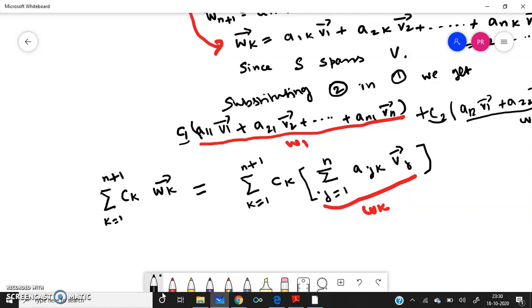Inside C1 is this summation A11 V1 plus A21 V2 plus and so on to An1 Vn, with one more summation inside.